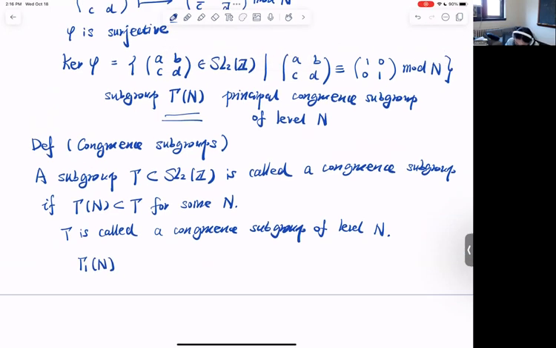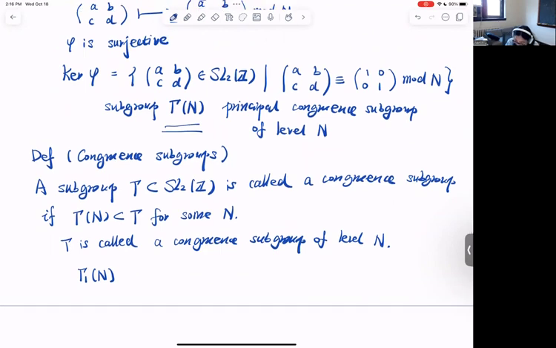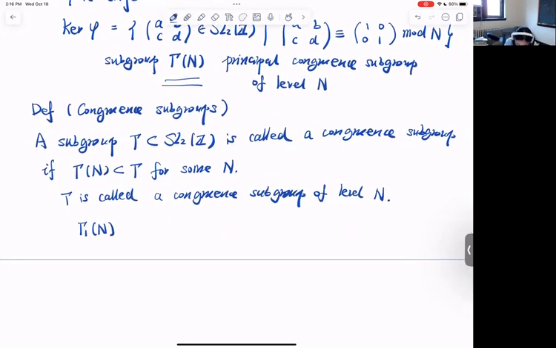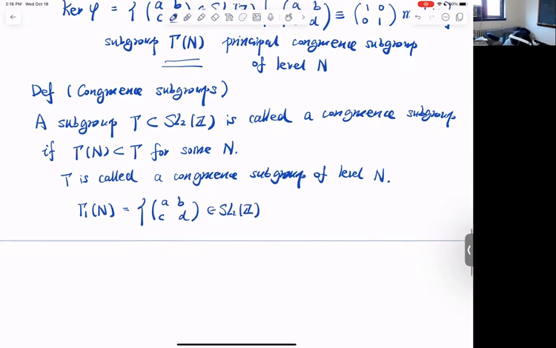Gamma of n consists of matrices ABCD where ABCD are congruent to 1, 0, 0, 1, right? Gamma 1 of n gives you a little bit of freedom. Gamma 1 of n is the set of elements ABCD in SL2Z such that ABCD is congruent to 1, star, 0, 1 mod n.